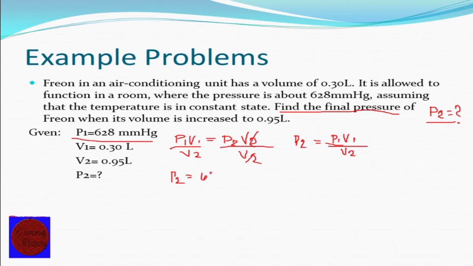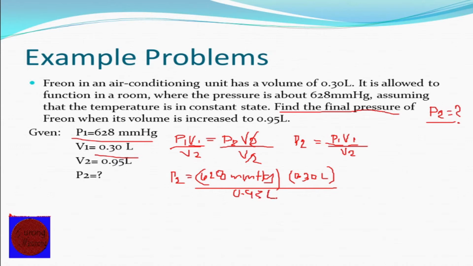So 628 mmHg times the V1, which is 0.30 liters, over our V2, which is 0.95 liters.